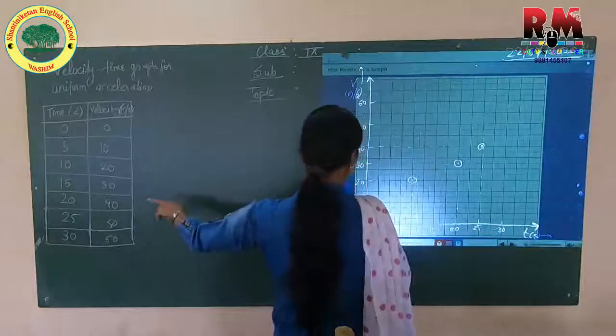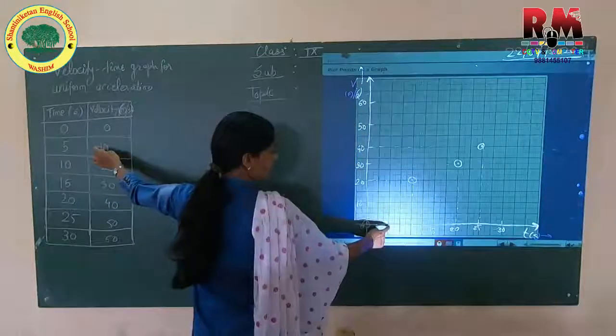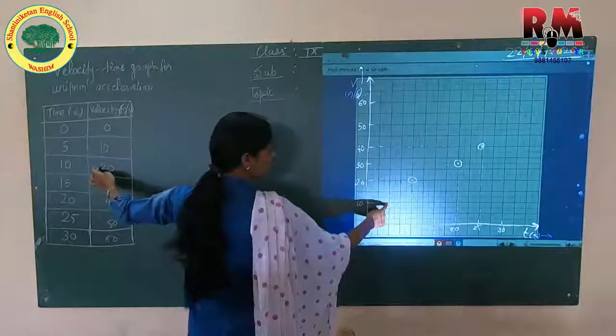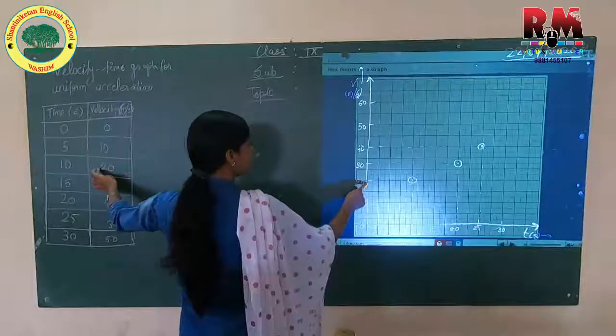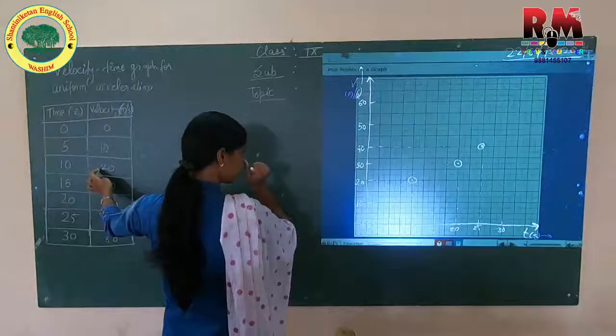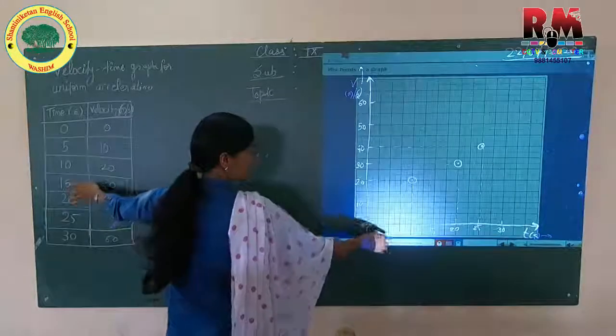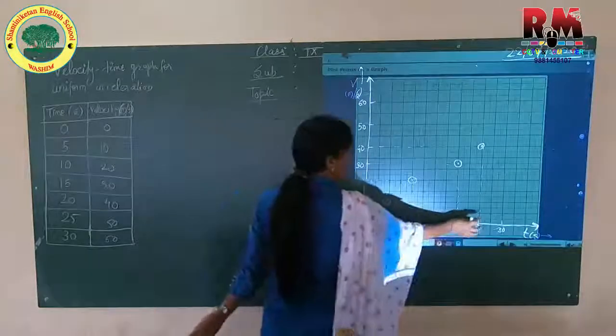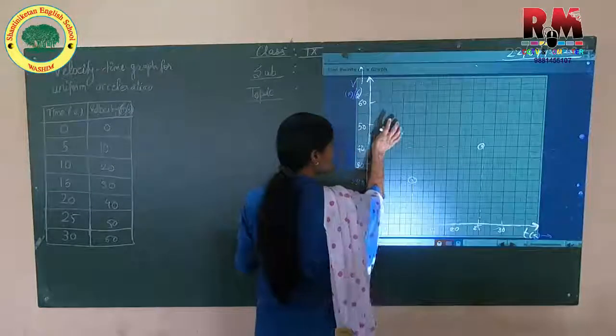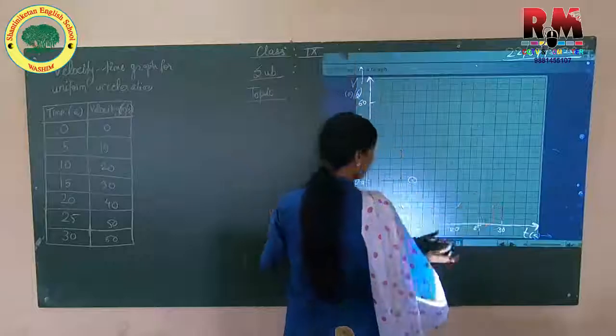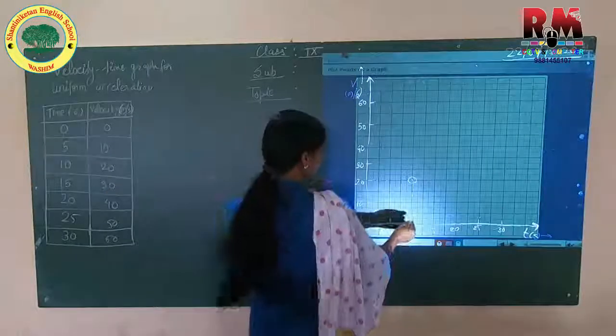Okay, so let us check: 0, 0, 5, 10, 10, 20, then 15. Okay, so see, like this mistakes can be done. So 15, 30.